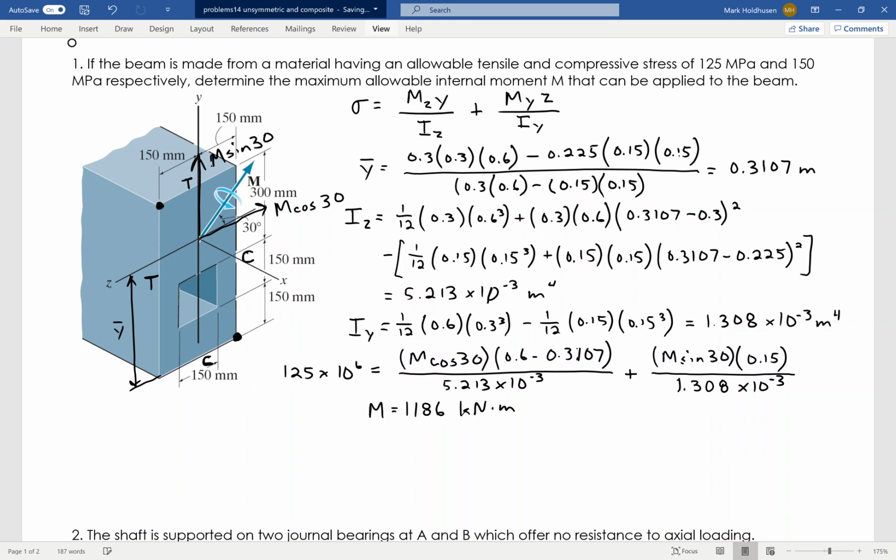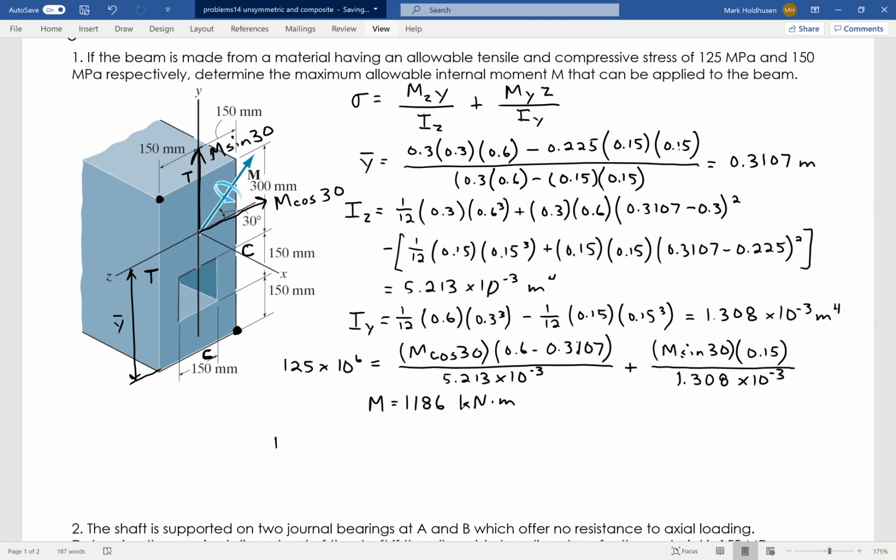Now I do the same thing for the compression. It's going to look very similar, but instead I'm going to use 150, which is the allowable compressive stress. These are both going to be now in compression, and really the only thing that's going to change is the y value, because about the z-axis it's still M cosine 30.